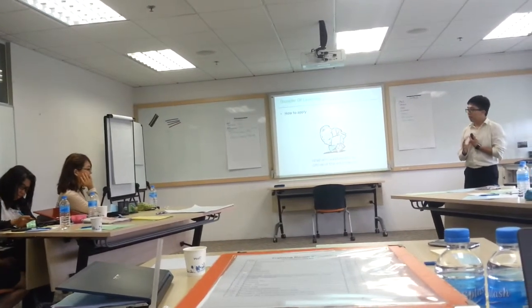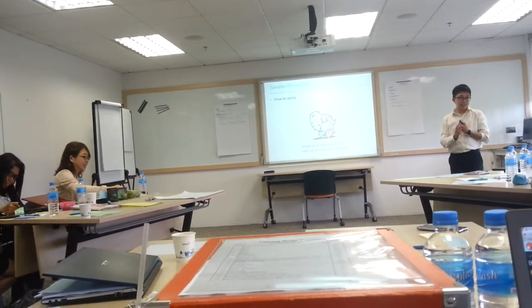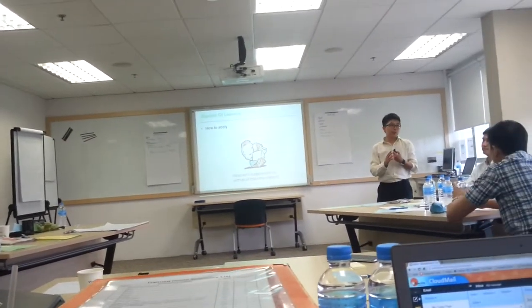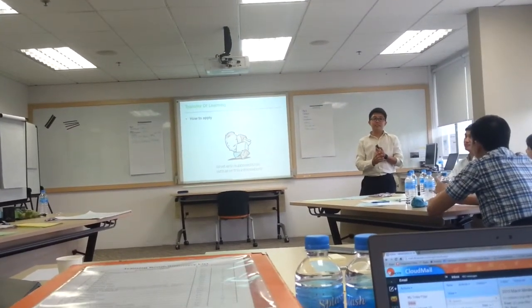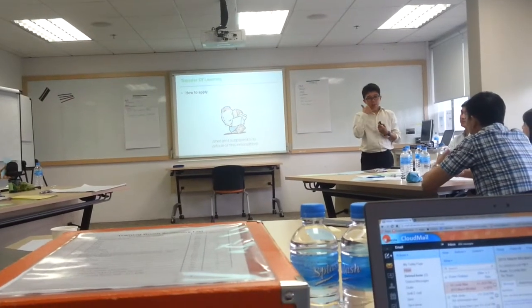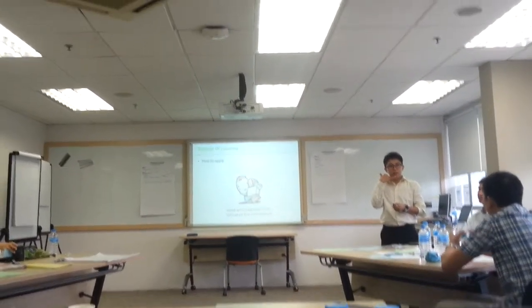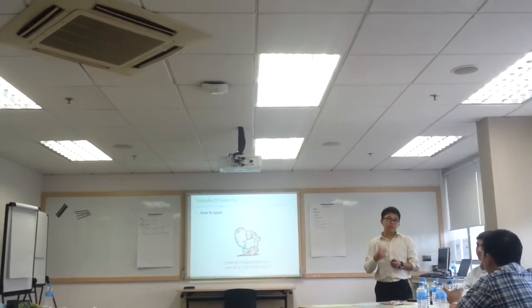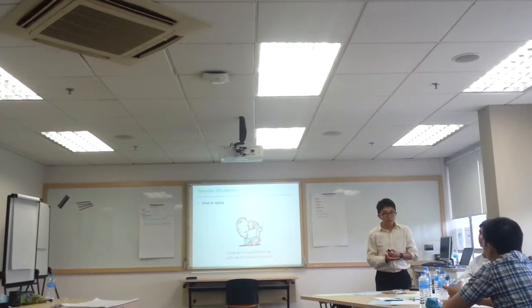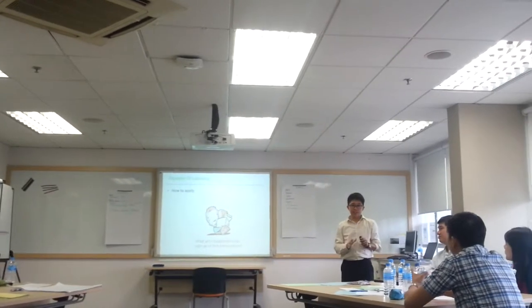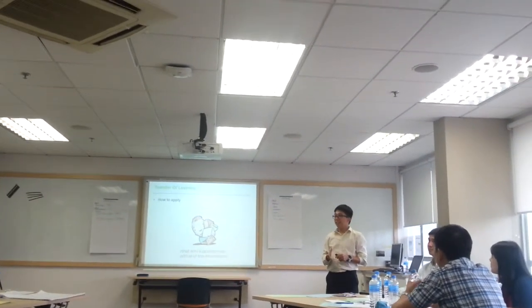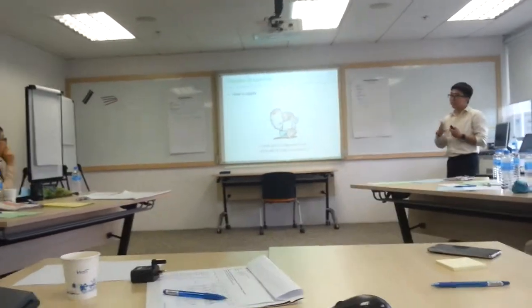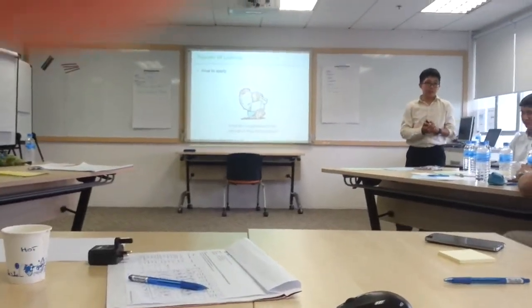For example, if the haze is coming, the public may say, hello NEA, why is the emission from the plant causing so much haze? In this case, we must explain to them it's not coming from the industry, but it's a transboundary haze causing this problem. So you need to learn how to integrate the work from different units.